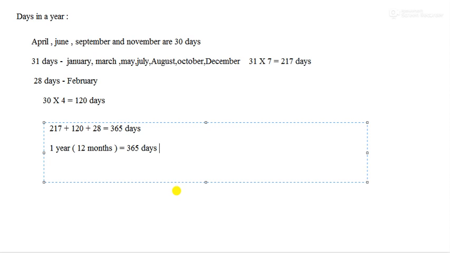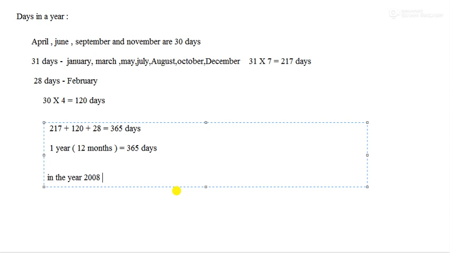But if you see the calendar for the year 2008, you will find that February has 29 days. Why is this so? In the year 2008, the month of February has 29 days.